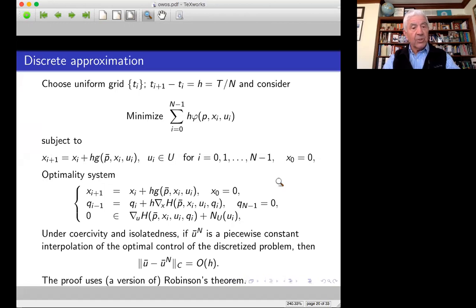Applying a version of the Robinson theorem, we have to, of course, adjust it. And here is the place where we have to keep track of the constants. And this is the special theorem I presented as the third version of the Robinson theorem.